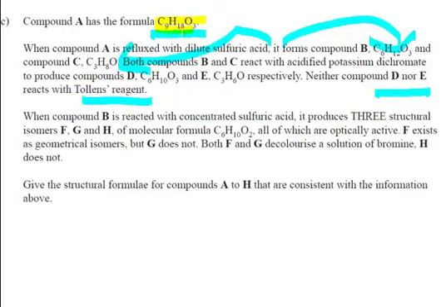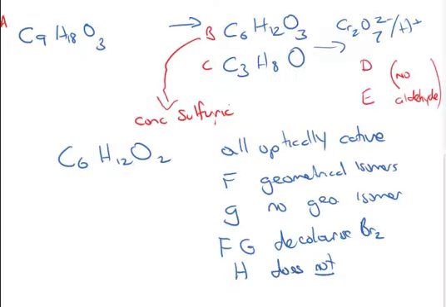That means on B, as that's the one that goes through this, it's a way of probably identifying where the OH group is. If we can figure out F, G and H, then on the information given we'll probably have a better idea of what B is. And the best thing to do with this is to get started. So let's look at this in a bit more detail.